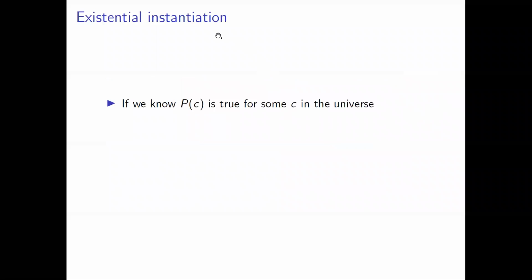So our next rule is existential generalization. We already did existential instantiation.